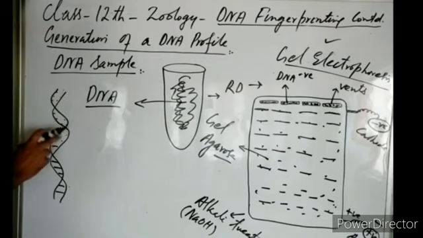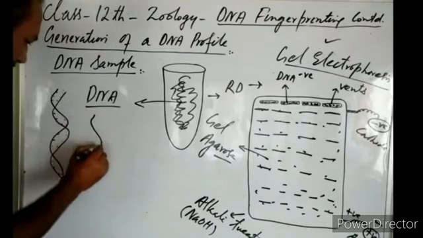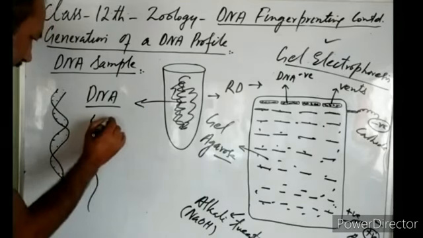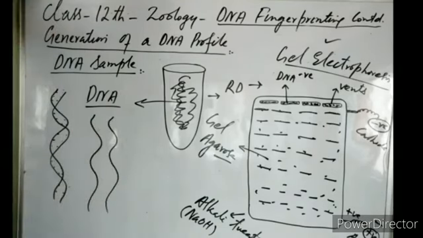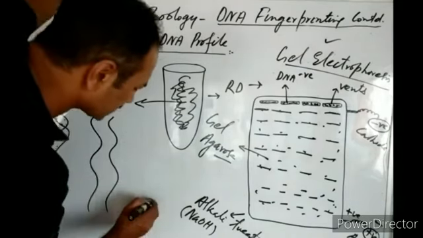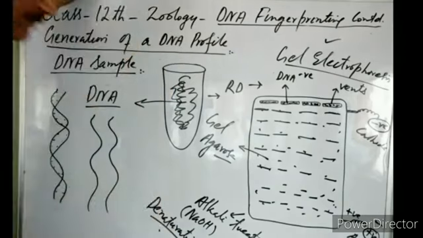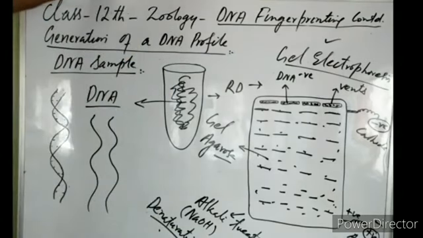So when hydrogen bonds are broken between the two strands, the two strands of DNA get separated from each other, and we obtain single-stranded DNA molecules. This process of breaking hydrogen bonds to convert double-stranded DNA fragments into single-stranded fragments is known as denaturation. So this DNA is denatured by alkali treatment, so that double-stranded DNA molecules are converted into single-stranded DNA fragments.